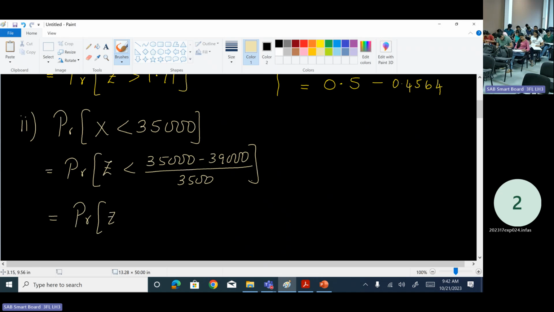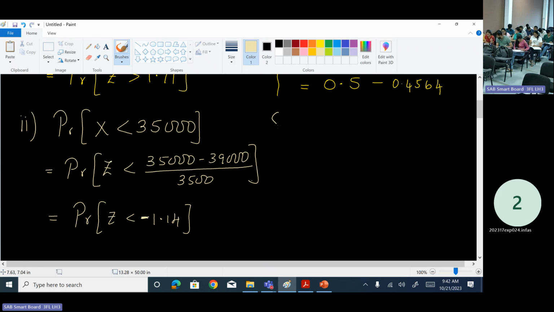Probability is less than 4,000 over 3,500, 1.14, minus.